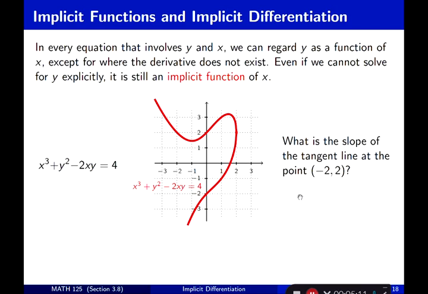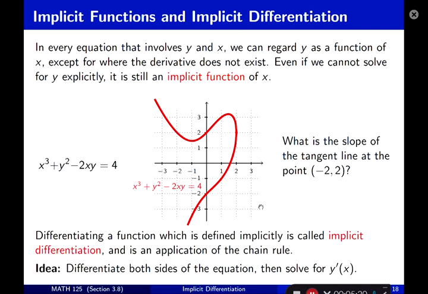Let's say the point (-2, 2), and that would be right there. To find that slope of the tangent line, you have to do implicit differentiation. And basically, implicit differentiation is an application of the chain rule.